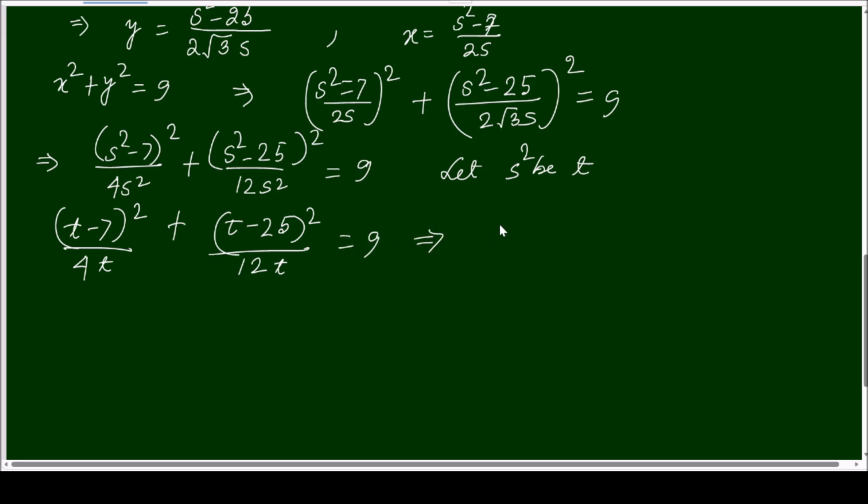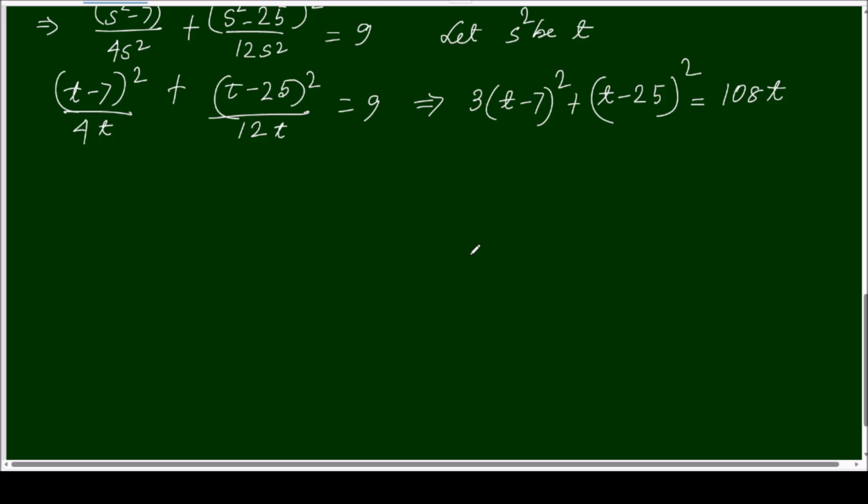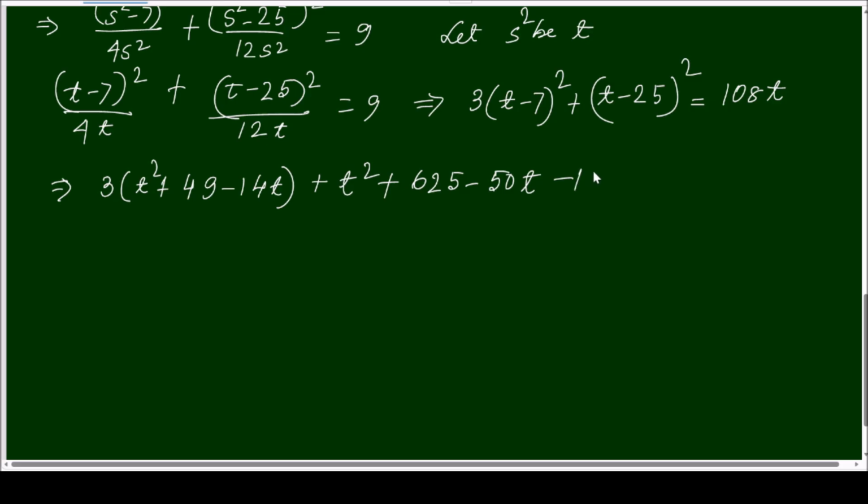Again simplifying, we'll get 3(t minus 7) whole square plus (t minus 25) whole square equals 108. So this will be 3 into (t square plus 49 minus 14t) plus t square plus 625 minus 50t minus 108 equals 0. So this is a quadratic equation in t.